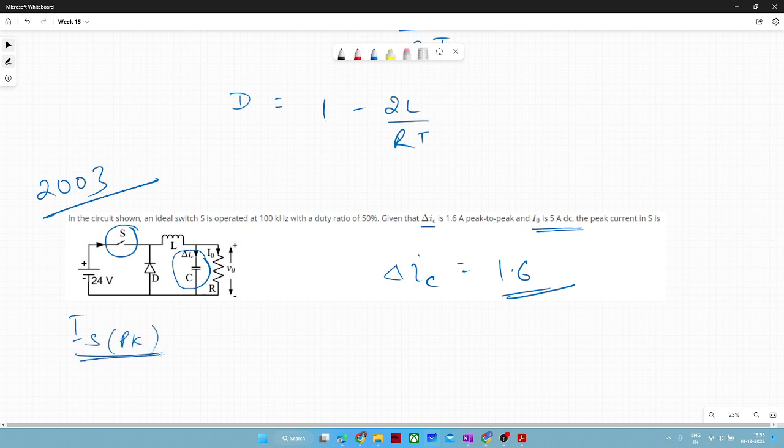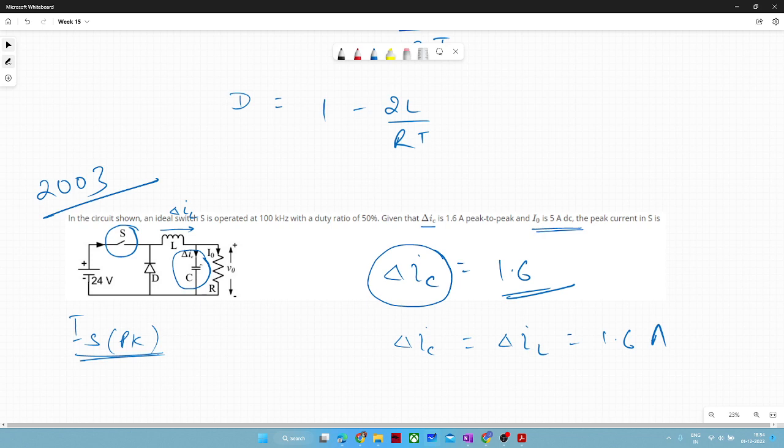Now, firstly, we have to infer that if del IC is given, it means the ripple is given, and that ripple is coming in the capacitor from the inductor, and this del IL is 1.6 ampere. Okay.